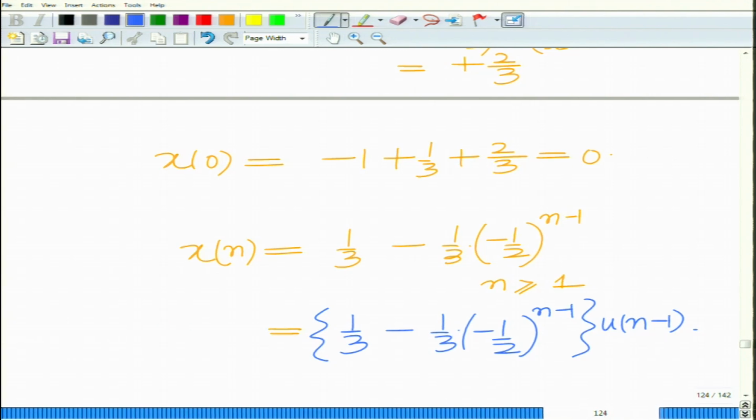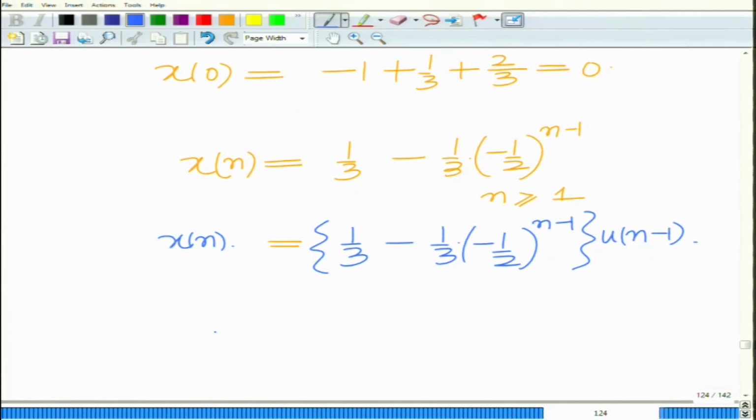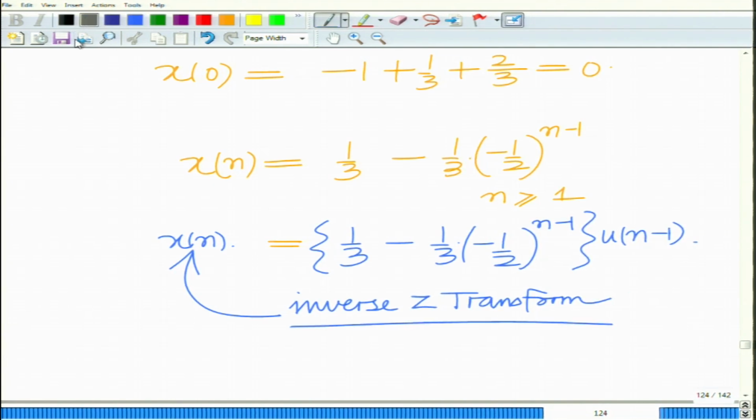Alright. So, this is basically your inverse Z transform, evaluated using the general inversion technique.